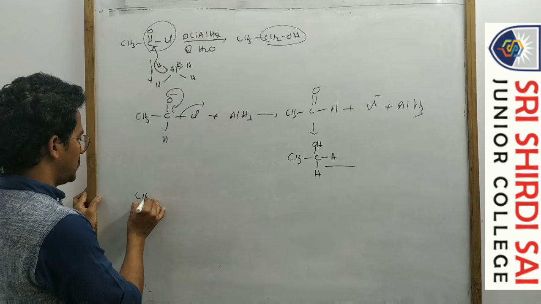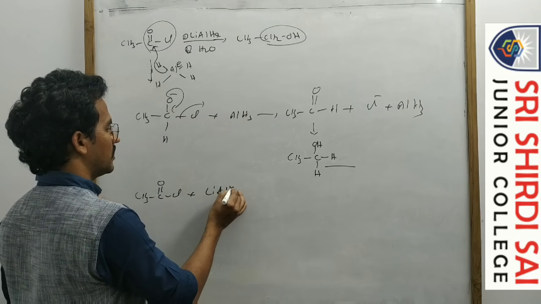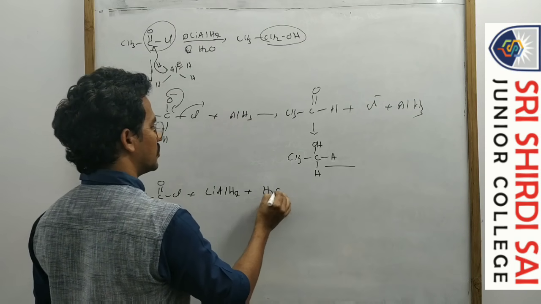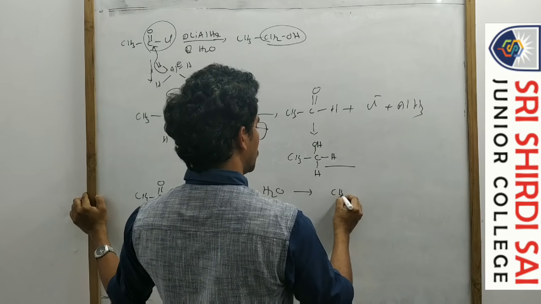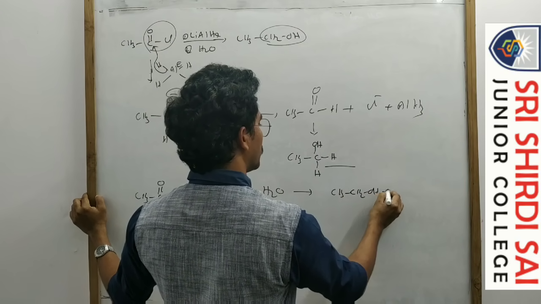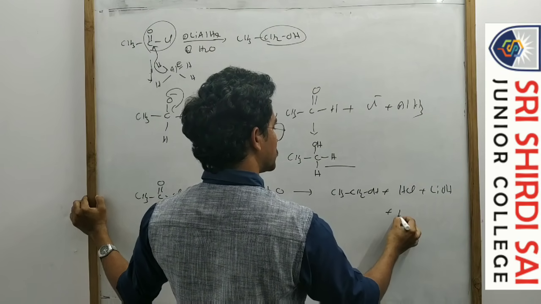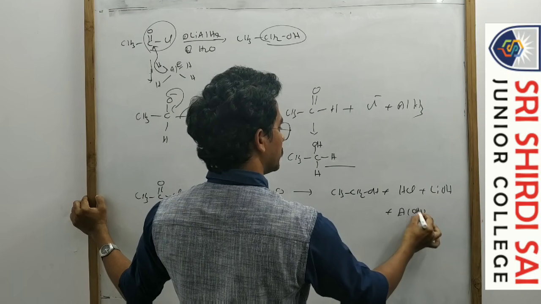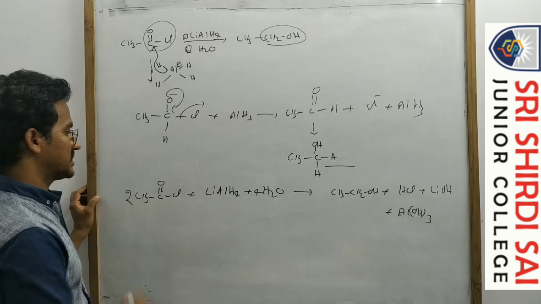So the overall reaction is nothing but CH3COCl plus LiAlH4 plus H2O. That produces CH3CH2OH plus HCl, LiOH, and Al(OH)3. I think here 4 moles of water and 2 moles of acid halide.